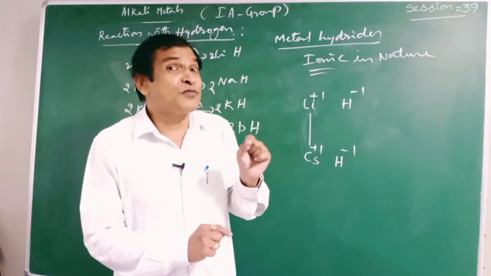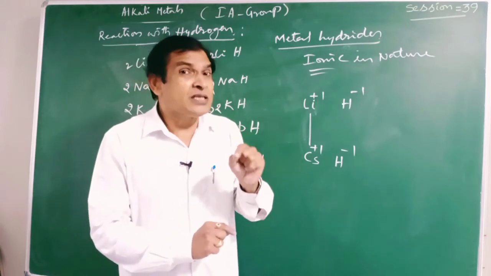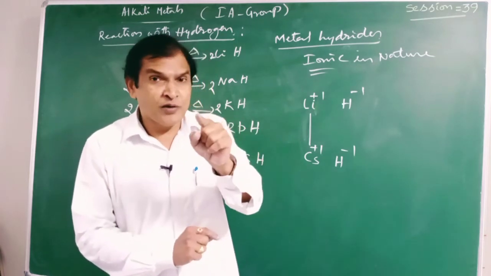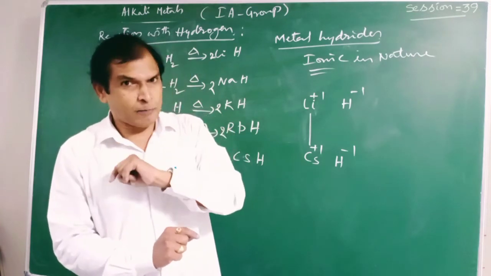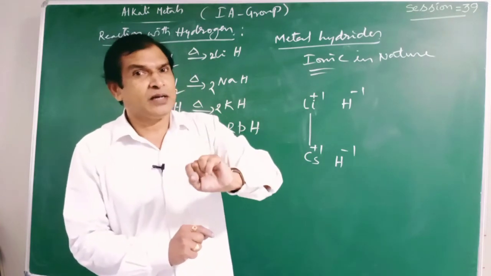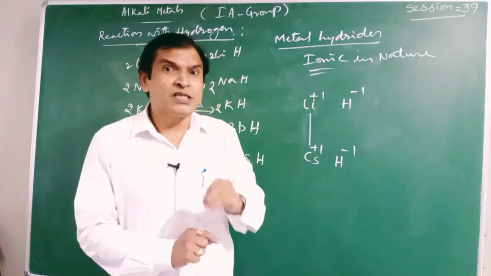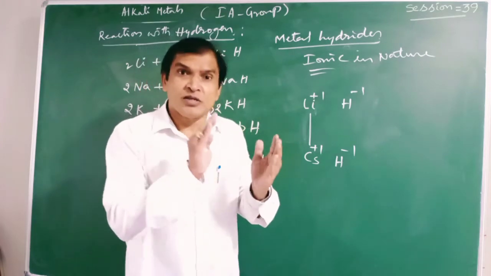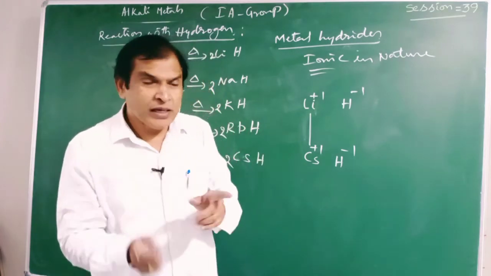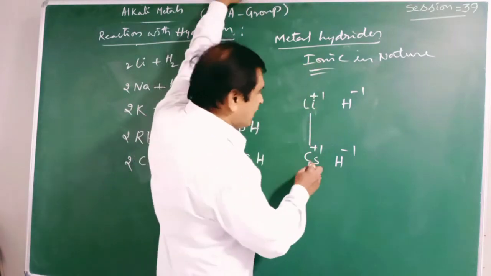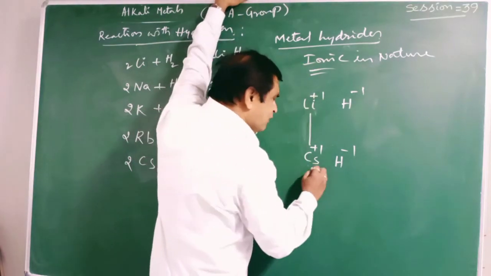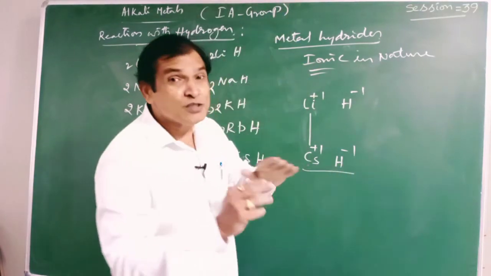Larger the size of cation favors more ionic. Cesium is a larger cation than lithium. Therefore, cesium hydride is more ionic.